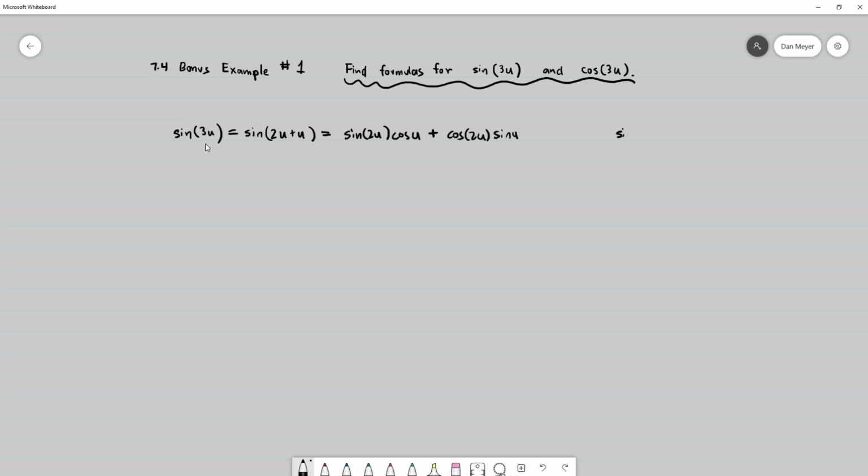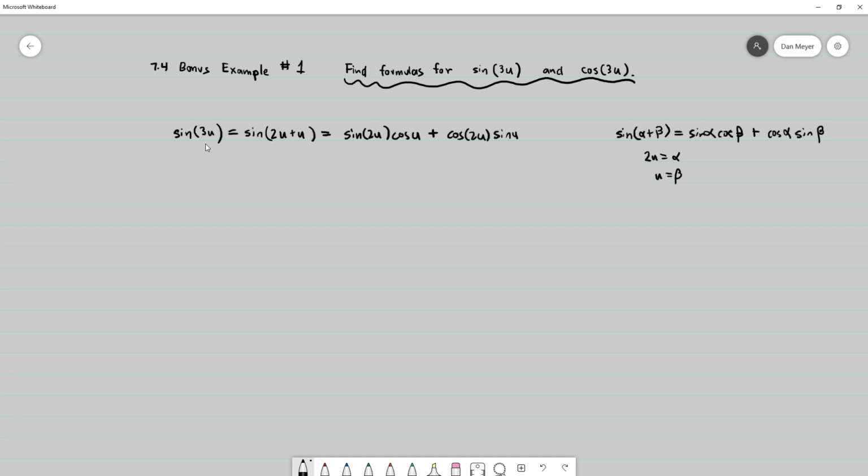Our angle addition formula, sine of alpha plus beta, will be sine of alpha cosine of beta plus cosine alpha sine of beta. So here, 2u is playing the role of alpha, and u is playing the role of beta.